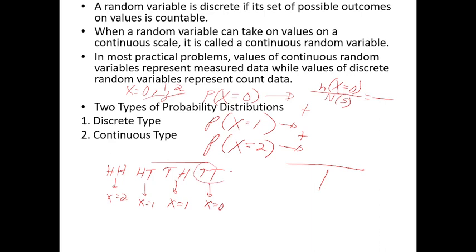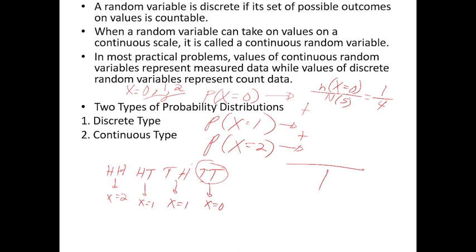Isa lang, ito lang, tail-tail. Diba? So, 1 outcome. For x equals 0, we have only 1 outcome. Out of, ilan lahat ng outcomes? Head, head, head, tail, tail, head, tail, tail. 4 outcomes, 1/4.